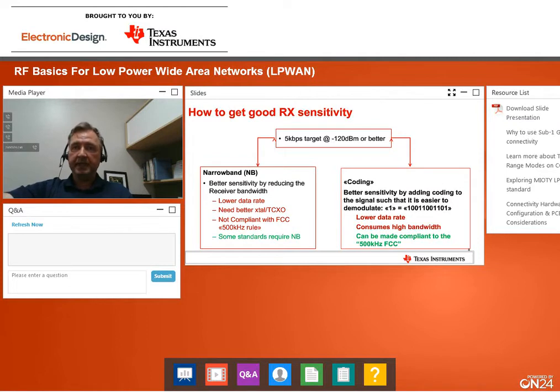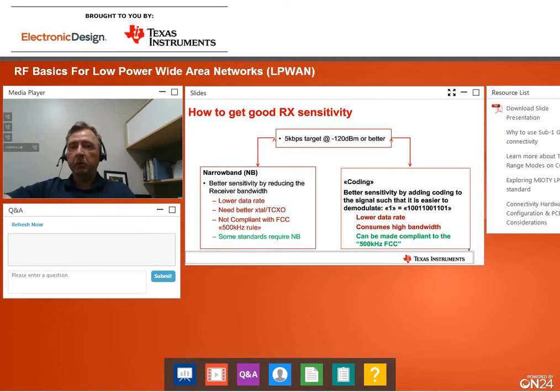The first one sets the good link budget, and we'll look at the equations for those later. But the 5 kilobits per second sets the type of applications that can be achieved with LPWAN. We believe that going crazy and going as low as 50 bits per second, you end up with a network that might have great range, but it is not able to solve any application problems.